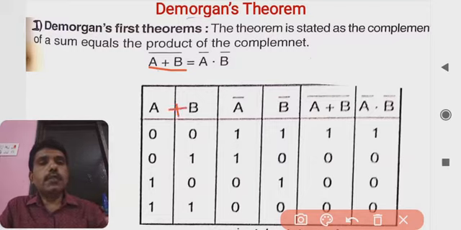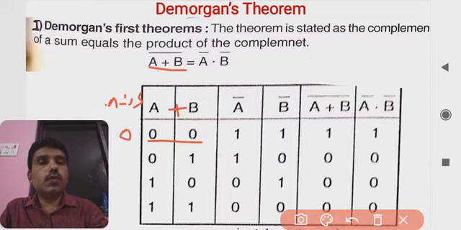As we know, the logic of the OR gate for two variables is that when any input is high, the output is high. So the output A or B will be 0 or 0 is 0, 0 or 1 is 1, 1 or 0 is 1, and 1 or 1 is 1.